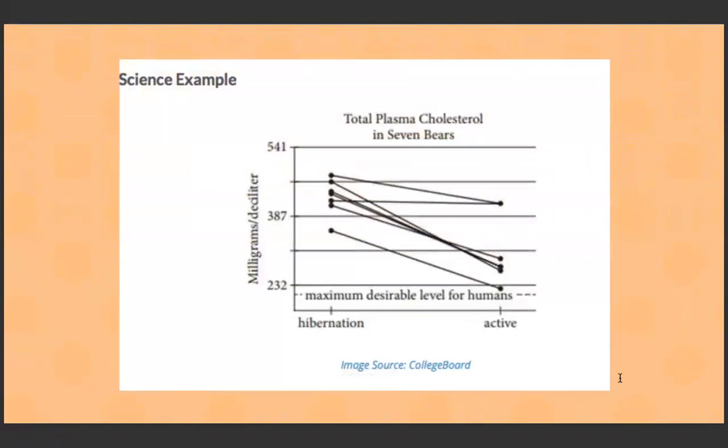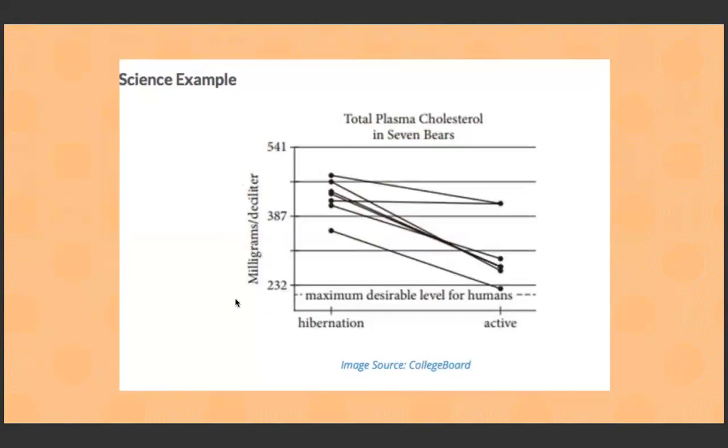Here's another example. This is a science example this time. So again, here's our information. We've got a total plasma cholesterol in 7 bears. So there's your title. And here's your measurement in milligrams.